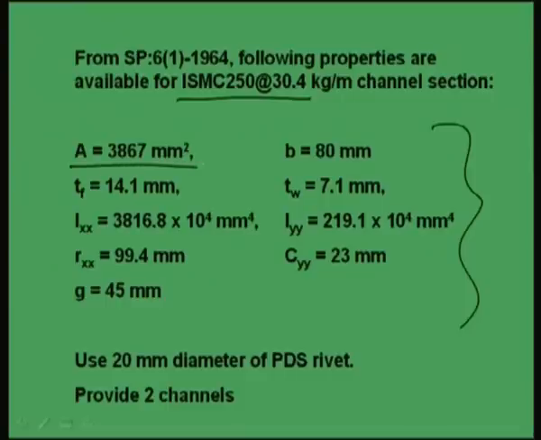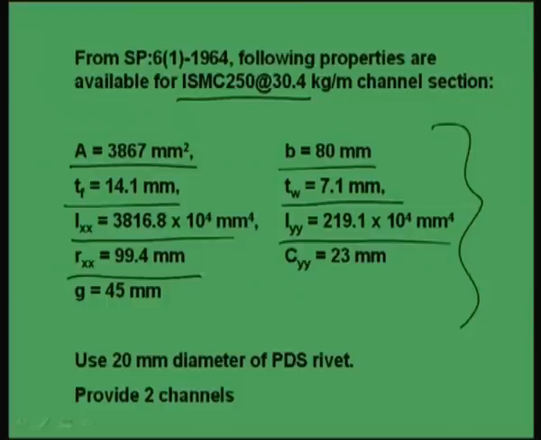The cross sectional area is 3867 millimeter square, width is 80 mm, thickness of flange is 14.1 mm, thickness of web is 7.1 mm, moment of inertia in x direction 3816.8 into 10 to the 4 millimeter to the 4, IYY is 219.1 into 10 to the 4 millimeter to the 4, RXX is 99.4 millimeter, CYY is 23 millimeter and G is 45 millimeter.